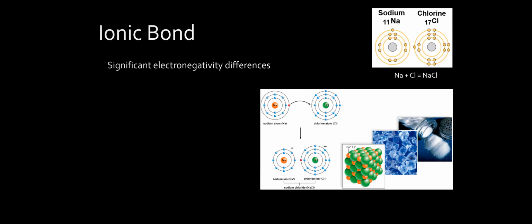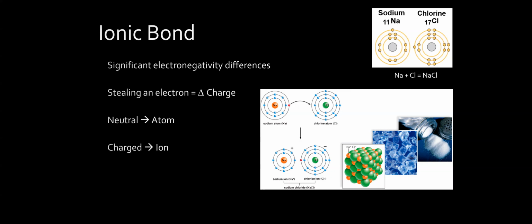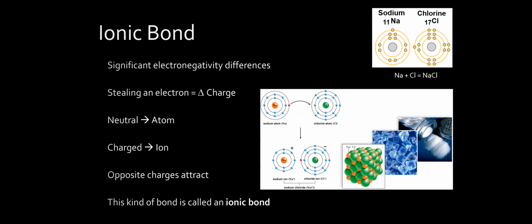If it's extremely different, you go from being a polar bond where one is unevenly being shared to stripping it completely and having an ionic bond. Stealing an electron, you change the charge, you go from a neutral atom to a charged atom, and charged atoms or molecules are called ions. And that's why we call this the ionic bond.